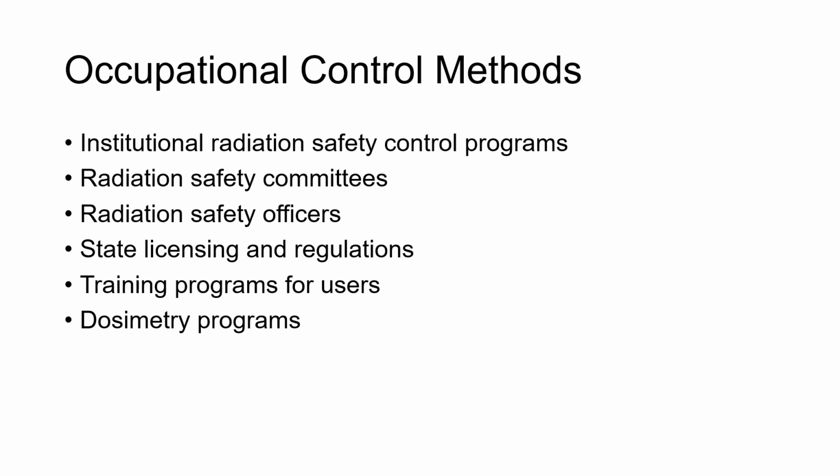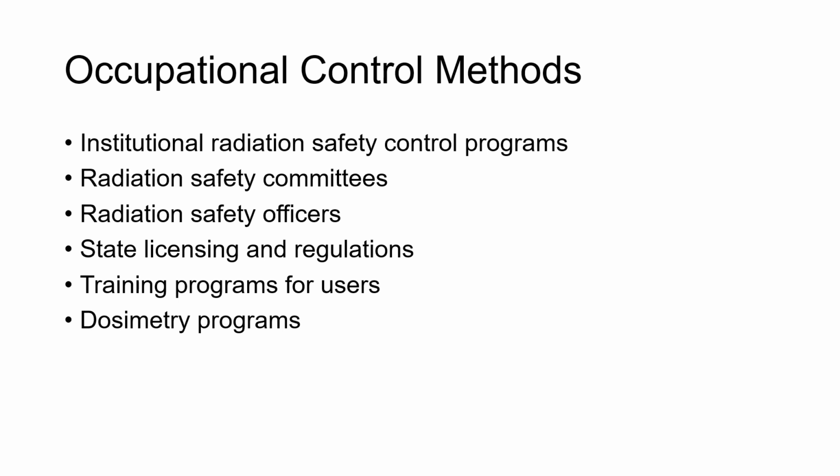So these are things such as institutional radiation safety programs, radiation safety committees, having radiation safety officers who monitor the use of radiation in the institution, state licensing and regulations, special training programs for users, and personal dosimetry programs. So research centers and hospitals should always have radiation safety programs and monitors in place to protect not only the employees but also the patients.